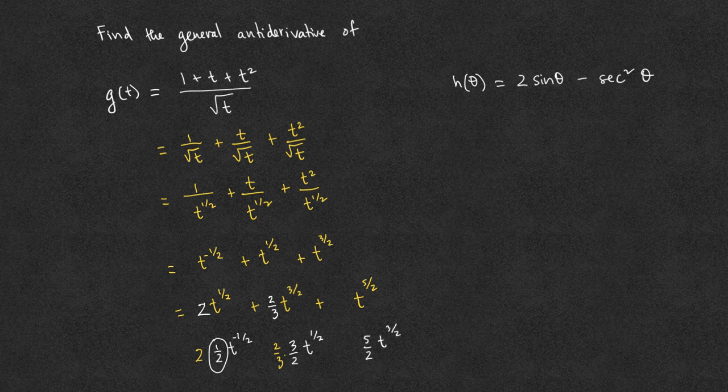But again, we don't have that factor 5 over 2, so we would multiply by 2 over 5 to prevent 5 over 2 from happening. To check this, we bring down 2 over 5. The derivative of t to the 5/2 is 5 over 2 times t to the 3/2, and 2/5 times 5 over 2 cancel out, leaving us with just t to the 3/2 only. So yes, this is an antiderivative of t to the 3/2.